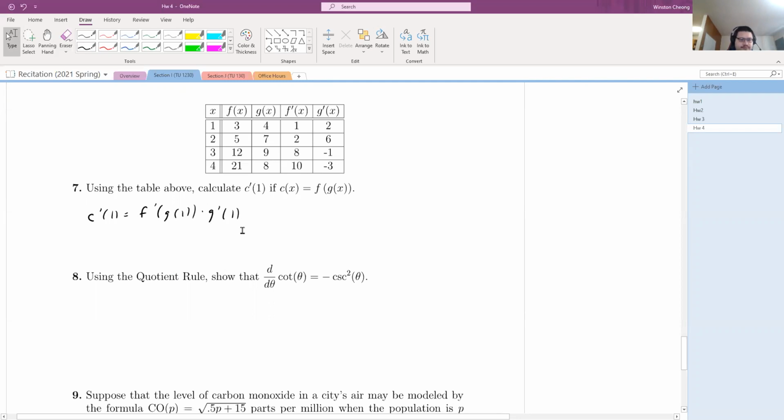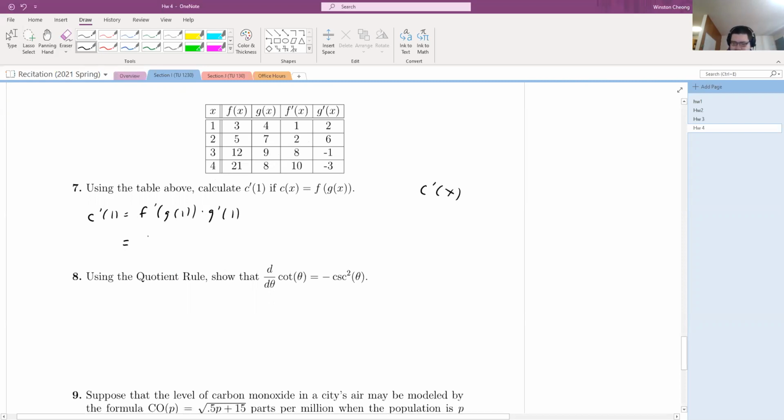Okay. Your silence makes me think that this makes sense. But if you don't see it, take the derivative first. What you would do is c prime of x, and then you would plug in x equals 1, and you'll get this formula. From that, we just have to read off the table correctly.